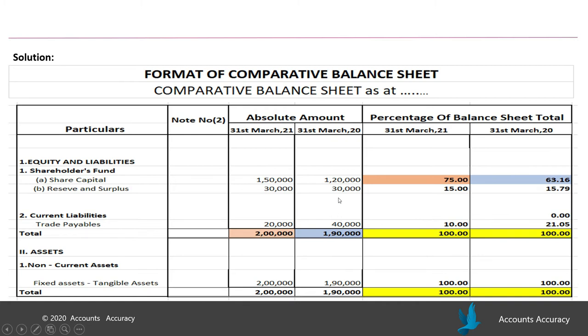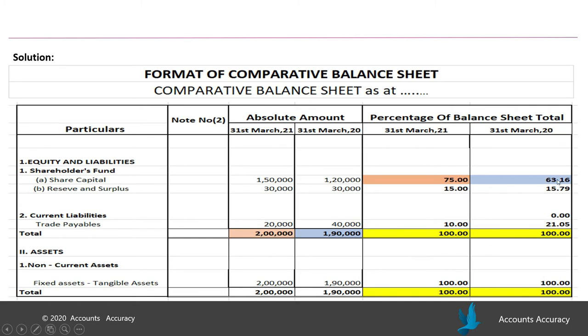In the same way, for reserve and surplus also, 30,000 divided by 1,90,000 into 100, you will get 15.79%. This way you will calculate the trade payable value also. 40,000 divided by 1,90,000 into 100, that would come 21.05%. For the asset side also, it will be 1,90,000 divided by this total value of the asset column, that is 1,90,000 into 100, it will come 100.